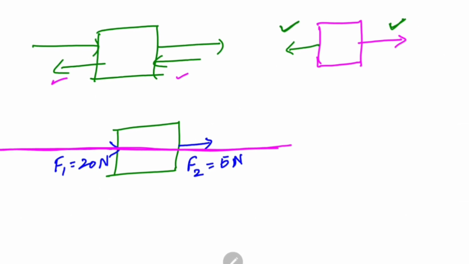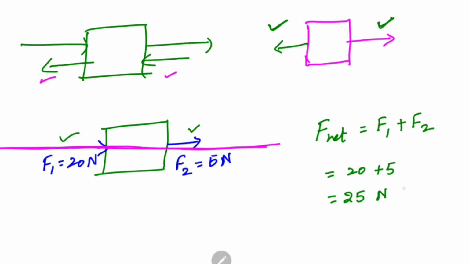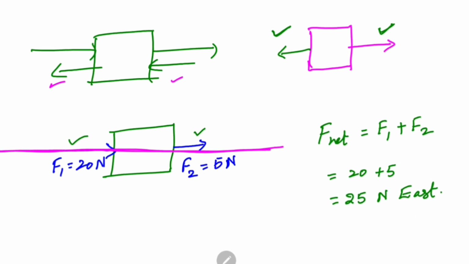Then the resultant force or net force is the sum of the two forces, F1 plus F2, which is equal to 20 plus 5, which is equal to 25 Newton. What is the direction, my dear? Here two forces are acting in the direction of east, so the resultant force also will be in the direction of east. Clear, children?